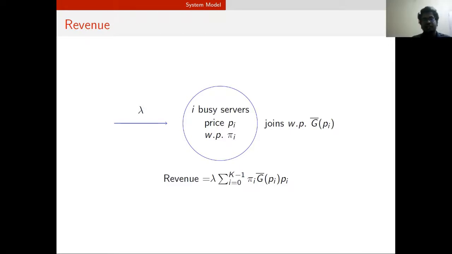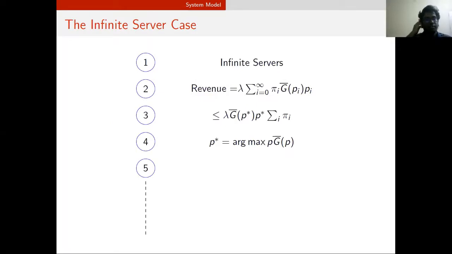So for getting some understanding of some easily tractable policies, we consider first an extended kind of scenario in which you have infinite servers. When you have infinite servers and you write the revenue expression, it turns out to be the same expression, except that we have infinite servers. And now, instead of G bar of p, if one replaces that by the value of this function at its optimal point, note that this summation becomes 1.